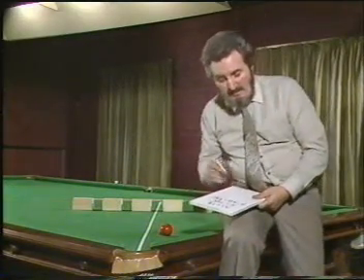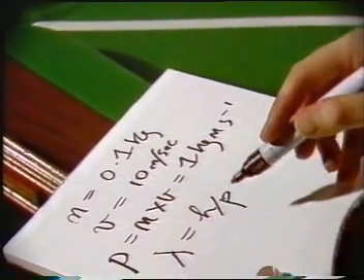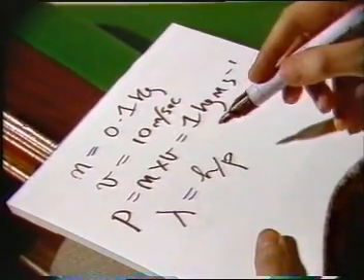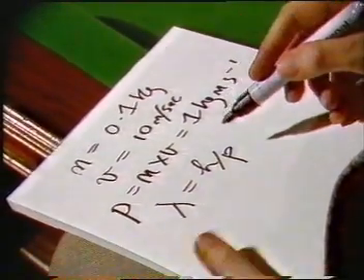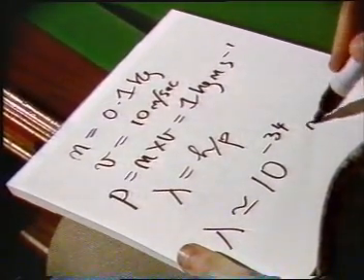Now let's use the de Broglie formula, lambda equals h over p, to work out the equivalent wavelength. Well, if I put in the numbers, because h is such a very, very small number, then lambda works out to be 10 to the minus 34 meters.